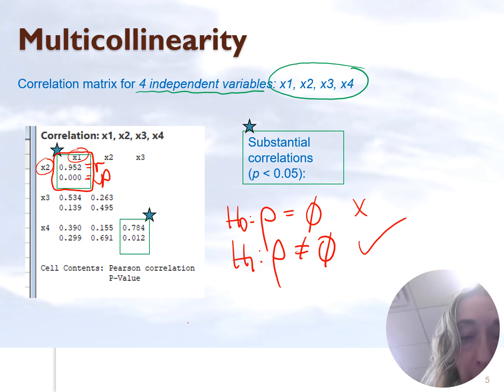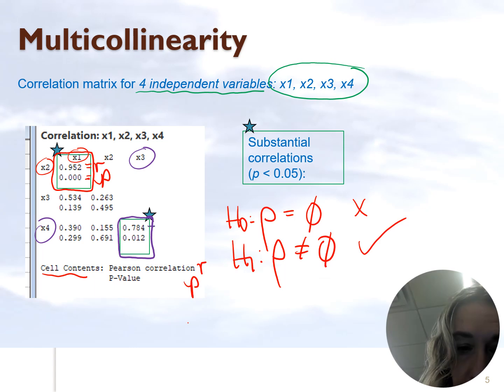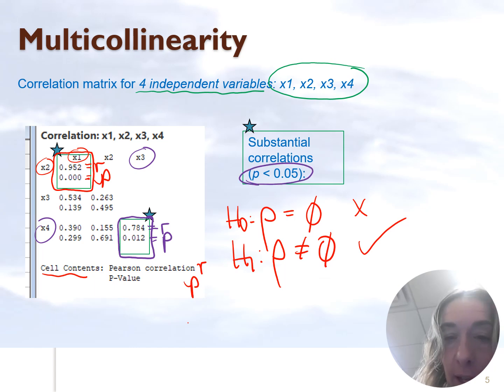Here, as you can see, when it says cell contents, R is listed at the top, and then the p-value right below that. And then here is the correlation coefficient between x3 and x4. Again, it's a large R value of 0.784 and a p-value of less than 0.05, leading to rejection of the null and accepting of the alternative.